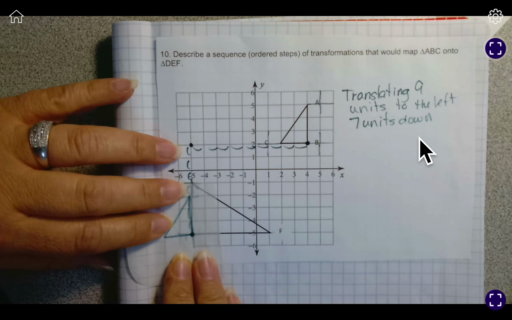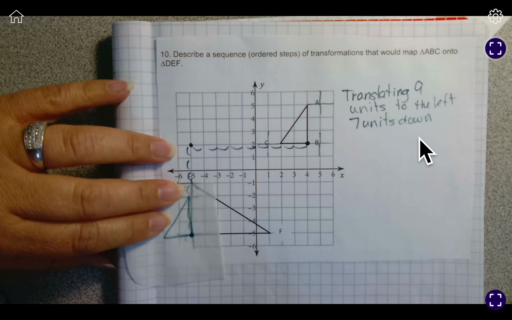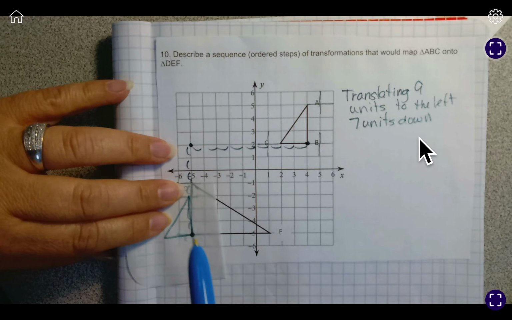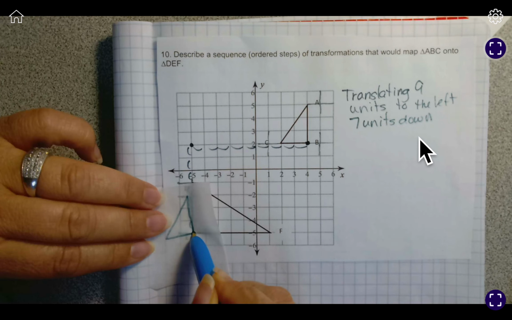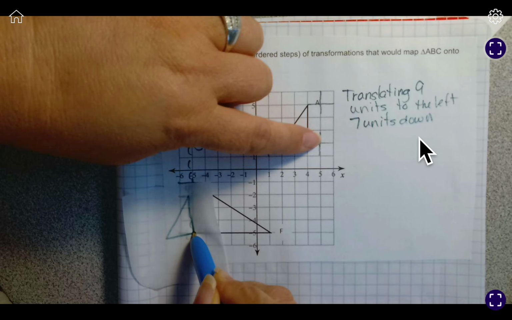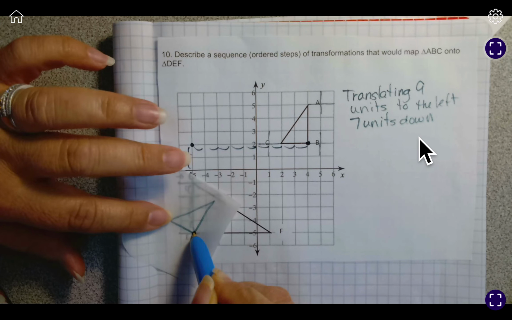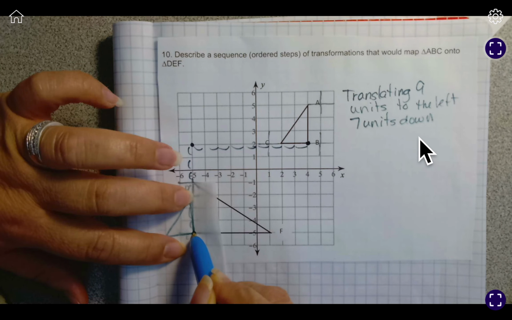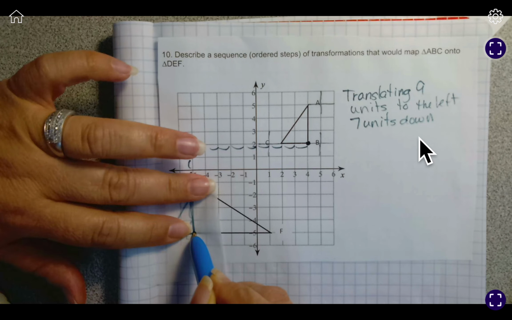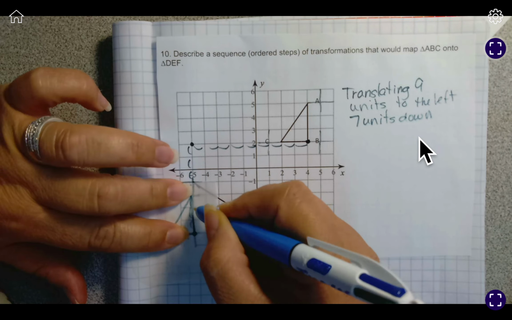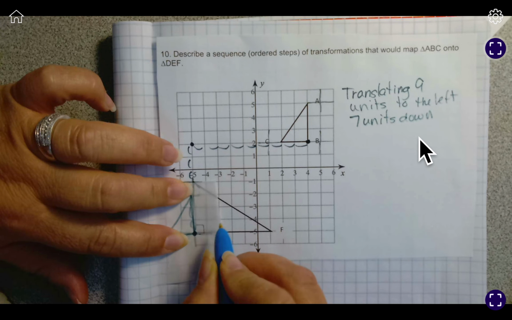So let me try rotating this. I'm going to rotate it from this point, E, or I should say this is point B, okay? So this is B, and I'll rotate it from here to here, and that is 90 degrees.